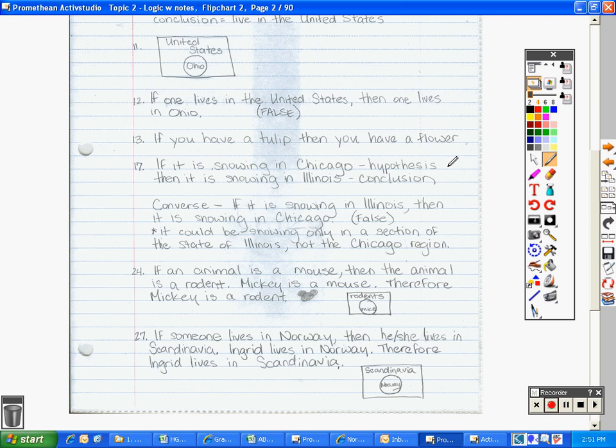The hypothesis is it is snowing in Chicago. The conclusion is it is snowing in Illinois. Next, for the converse, once again, we have to switch those two. So you switch the conclusion and the hypothesis. So it would be, if it is snowing in Illinois, then it is snowing in Chicago. That would be the converse.